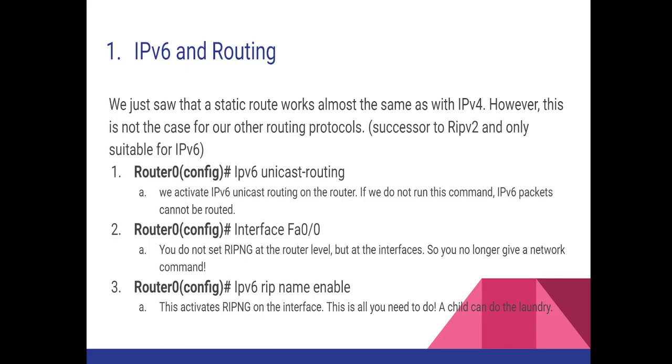So, for example, we do the same commands again. This is for RIP routing, remember, guys, because we enable ipv6 unicast-routing again. We make sure the interface is FA0/0, and then we enable the RIP routing. Just make sure you say ipv6 in front of it, otherwise you get IPv4 RIP routing.